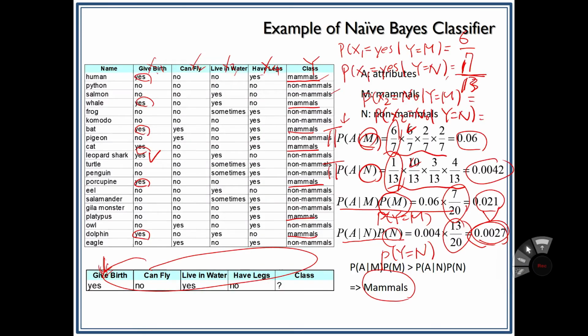For example, let us assume that this value is missing, and this value is missing, and we still want to estimate, just like before, the probability x1 equals yes given y equals yes.